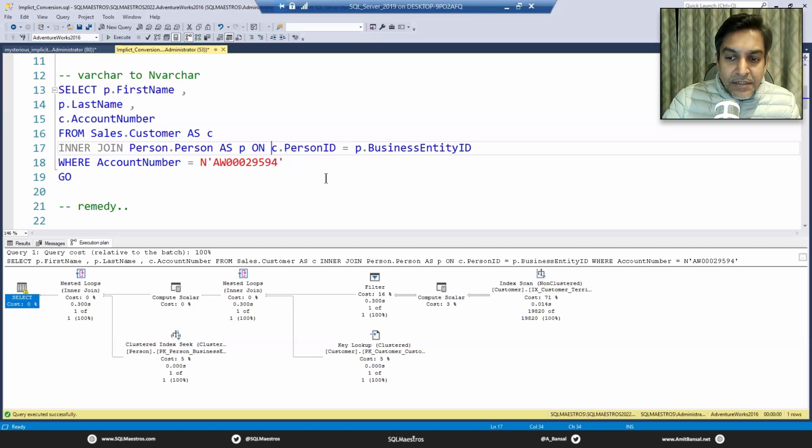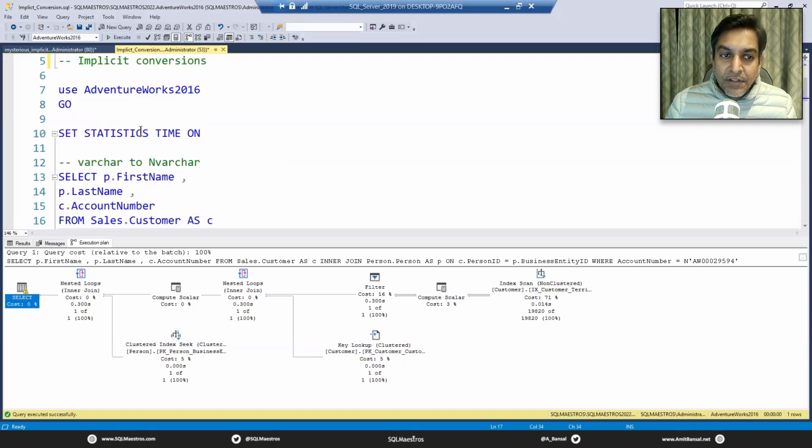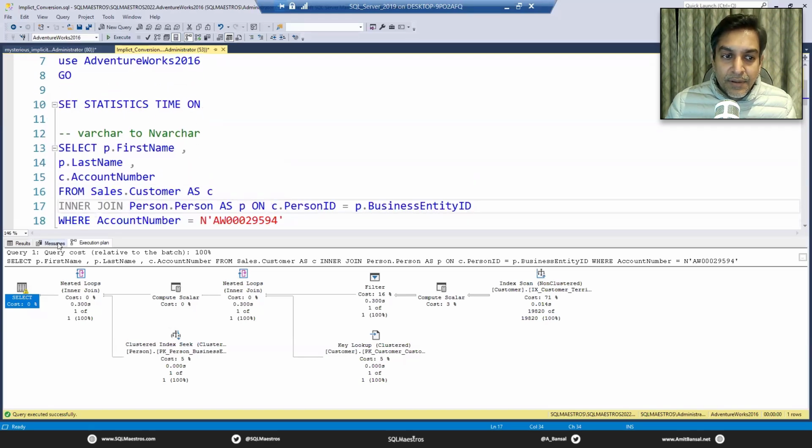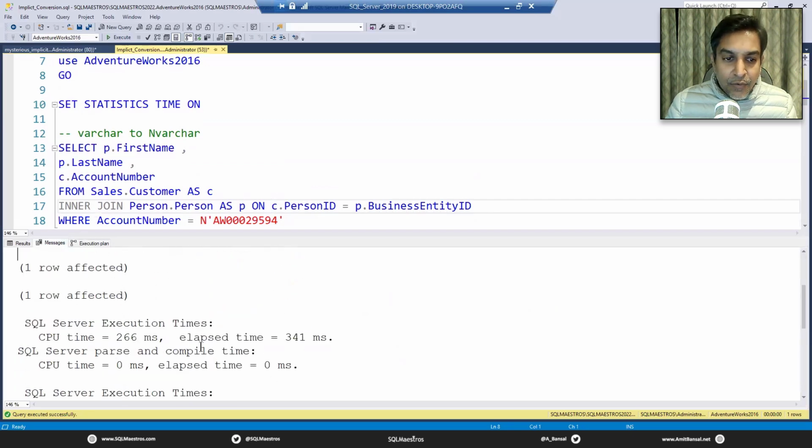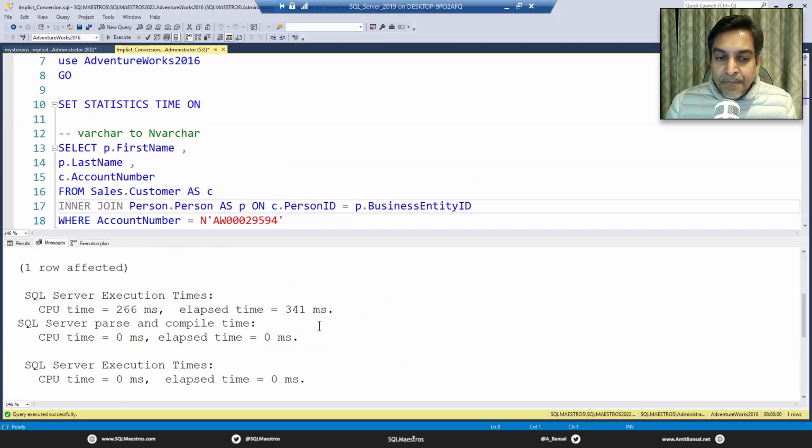Plain speaking, looking at the status bar, it looks like, oh, this is nice. It's just less than 1 second. But because we turned on stats time, let's go and look into the messages tab here and scroll down, and you will see that the total elapsed time for the query was 341 milliseconds, which is less than half a second, which is good. But look at the CPU time.